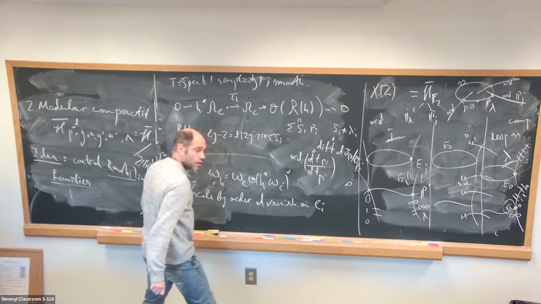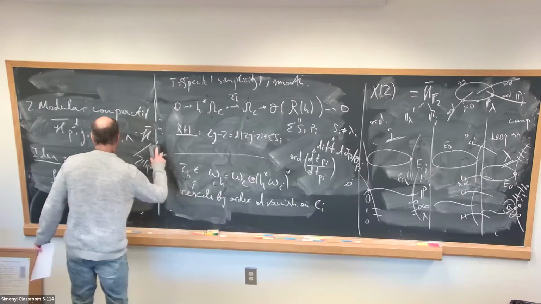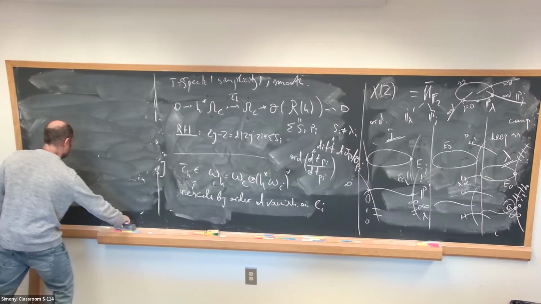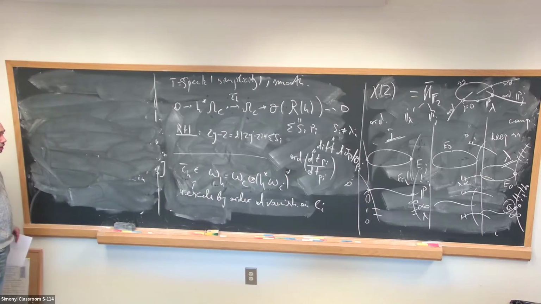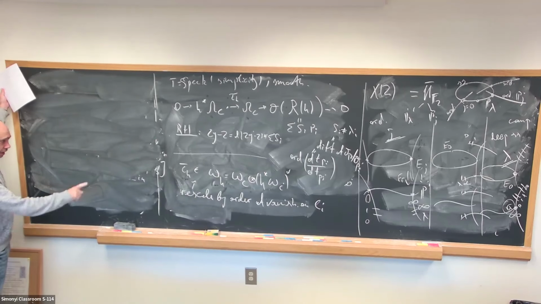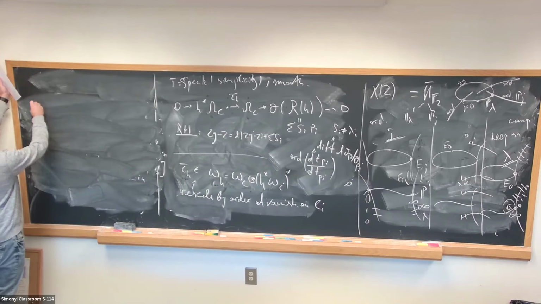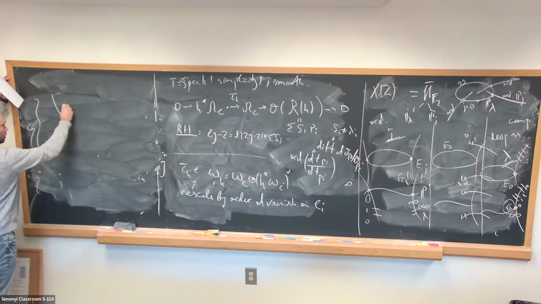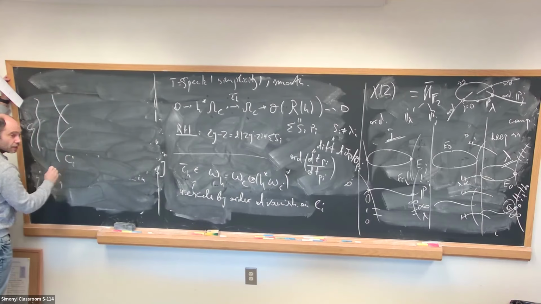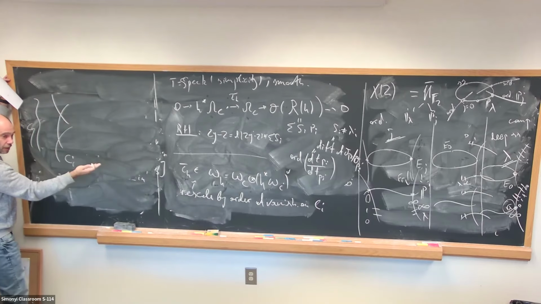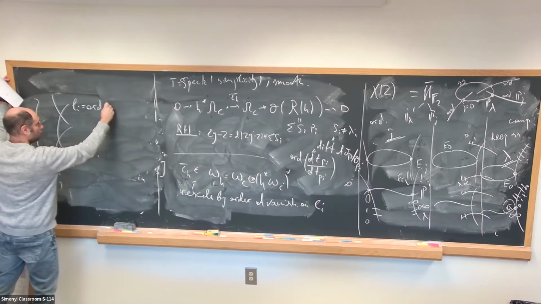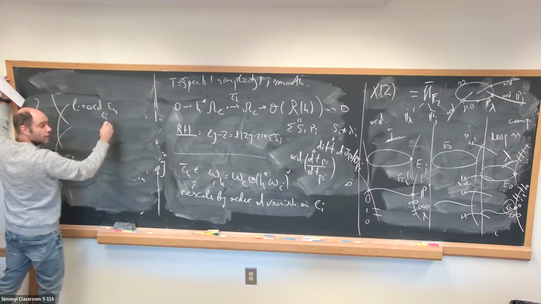On C_i. For example, just for illustration, I have a picture. Okay, imagine that I have now a DVR. I have a generic point and a closed point. I have something smooth, but here I have a few components C_i. And on some components, my thing can vanish with some order of vanishing, the order of tau h on C_i.